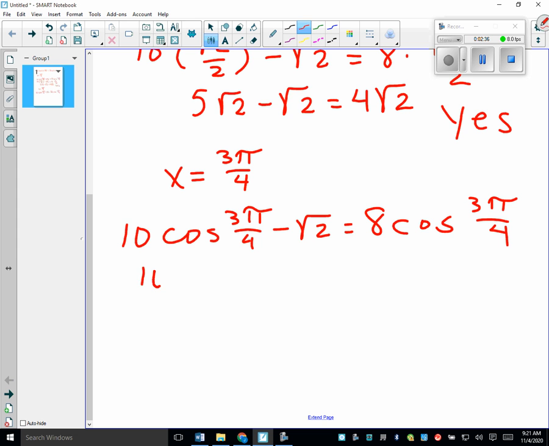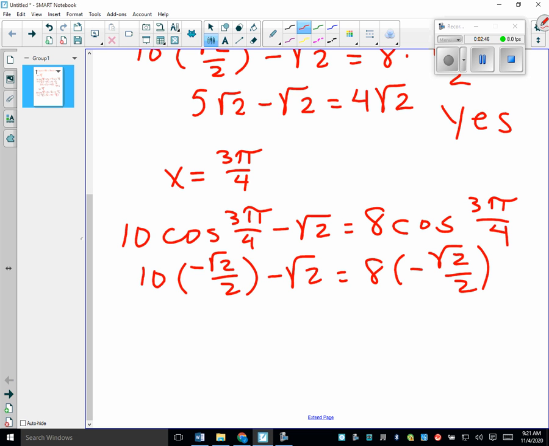So I have 10 times negative radical 2 over 2 minus radical 2 equals 8 times negative radical 2 over 2. Right? Doesn't this say negative 5 radical 2 minus radical 2 equals negative 4 radical 2? This is incorrect, this is false. So I would write, no, doesn't work.